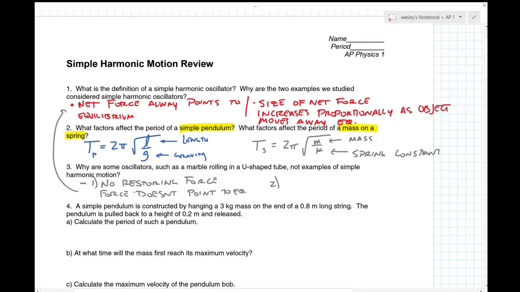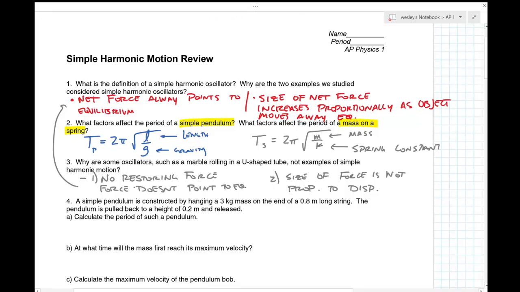The other thing that could happen is that the size of the force is not proportional to displacement. For either of those two reasons, that would make it not simple harmonic motion.